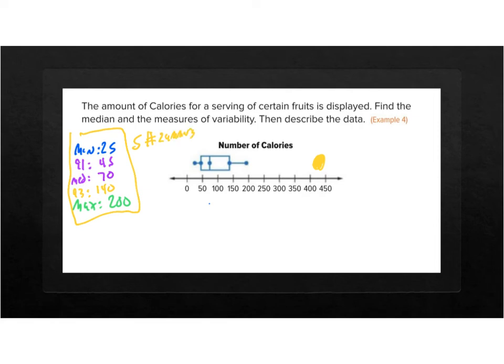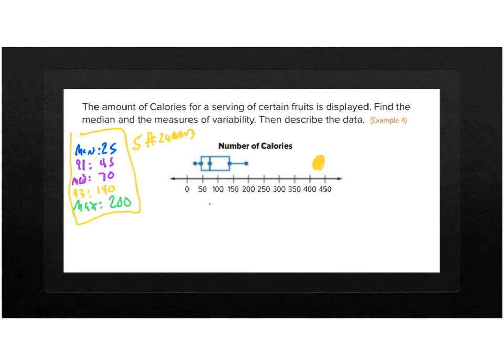So 25% of the certain fruits that were selected are from our minimum to quartile 1, so 21 to 45. That's 25%. So from here to here, that little bit. And then from 50 to our median, which we said was 70, is another 25%.